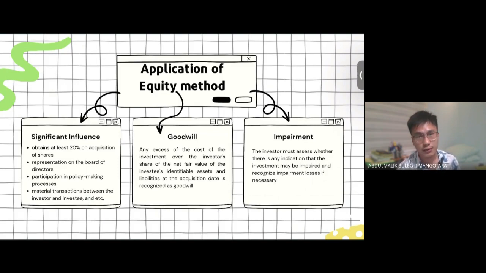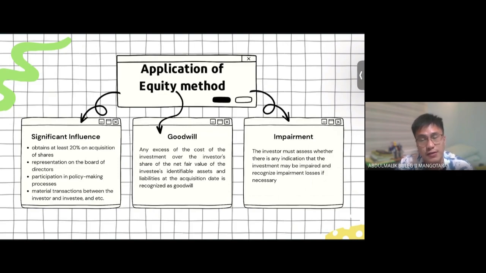So we will recognize if there is objective evidence of impairment. The investor calculates the amount of impairment as the difference between the carrying amount of the investment and its recoverable amount. The impairment loss is recognized in the income statement.